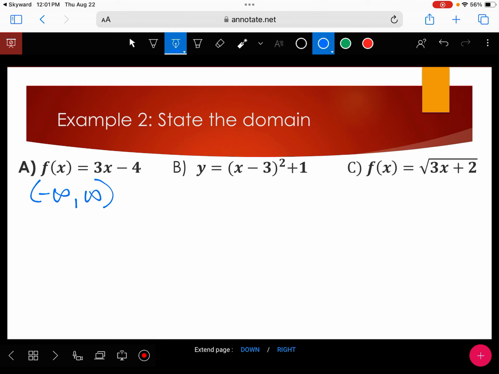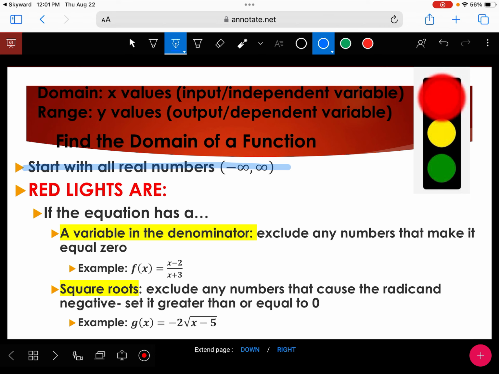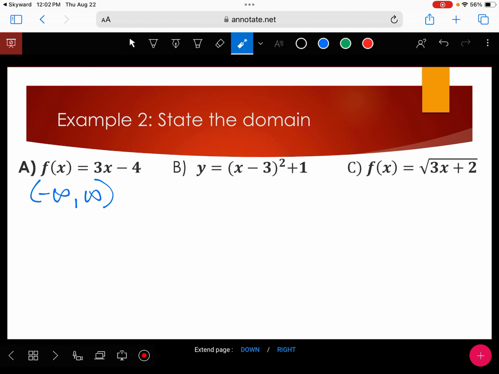Let's go back to our red lights. A red light would be a square root, not a square. So do we see a red light in the second equation? Our domain would be all real numbers.